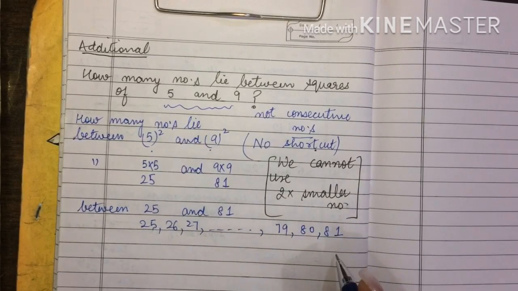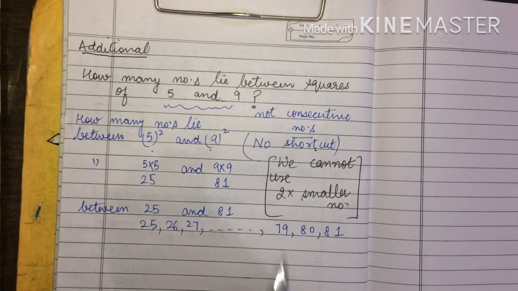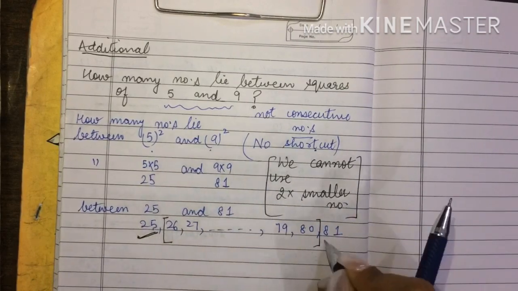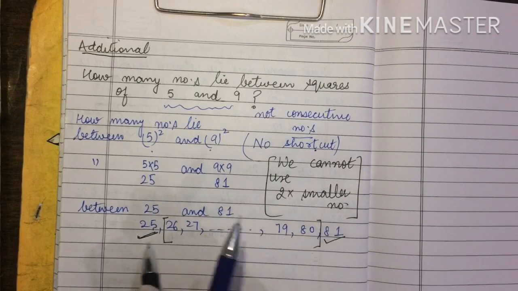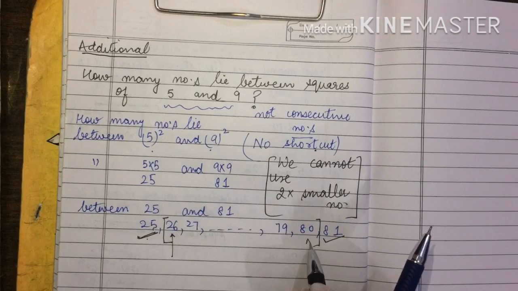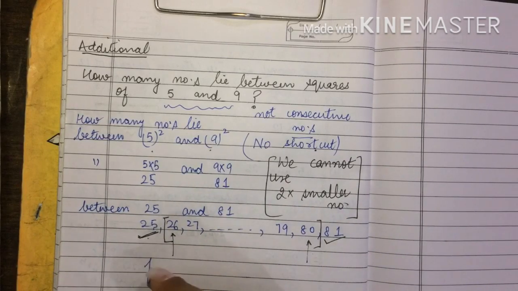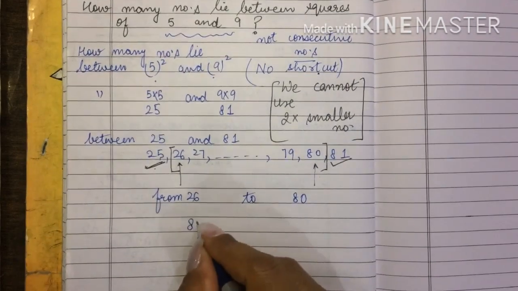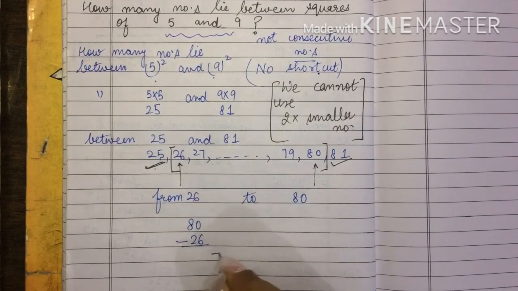If I write down all these numbers, I want to know how many numbers are there between 25 and 81. In between, we will not take these two. We will start from here and we will go to 80. So from 26 to 80, what I'm going to do is 80 minus 26 plus 1.